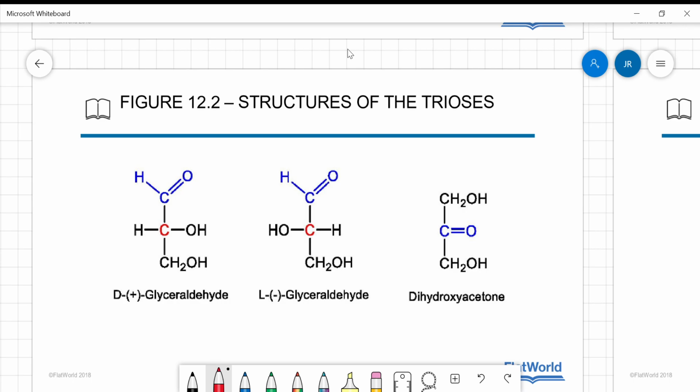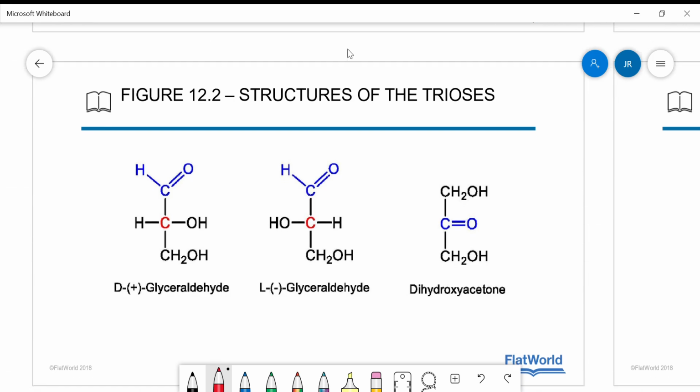Okay. So here's a new word they just snuck upon us, triose. Here's the plural, trioses, but what's a triose? Well, first of all, it's a sugar because it ends in -ose.